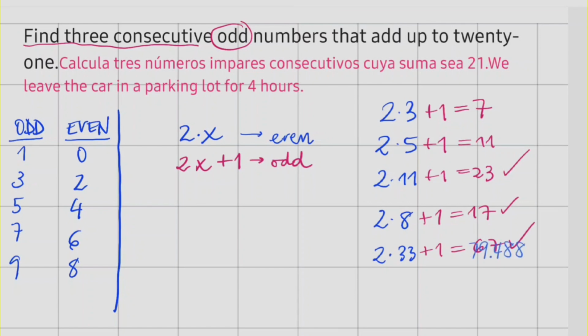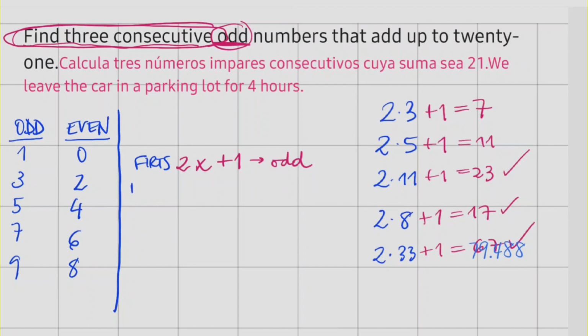Okay, if we have understood this, we can now move on and say, right, we need to find 3 consecutive odd numbers. So this could be the first one. This could be the first odd number. Which one is the next?